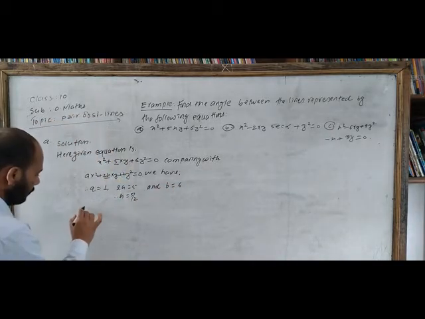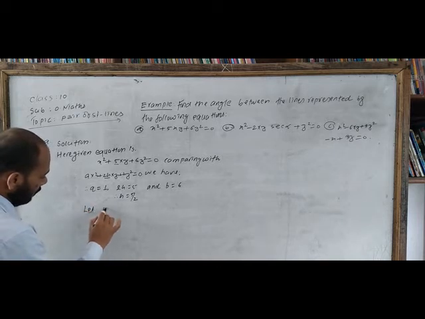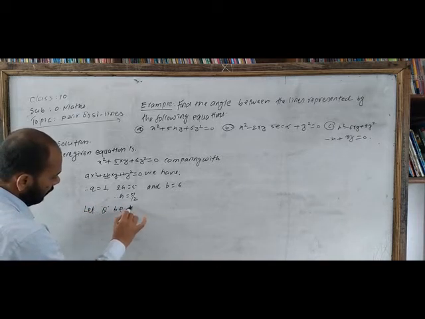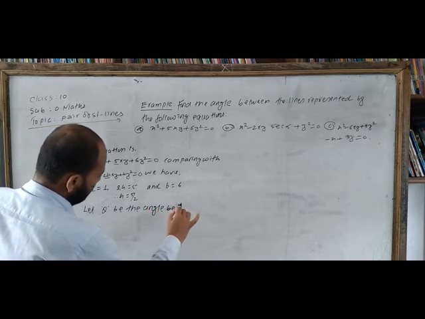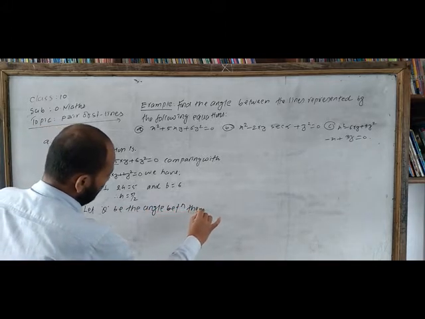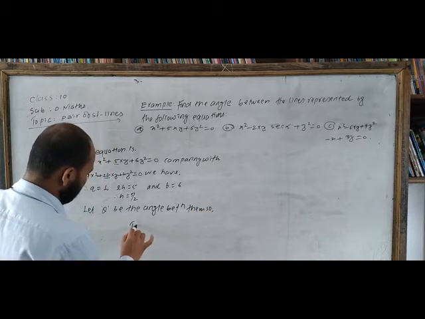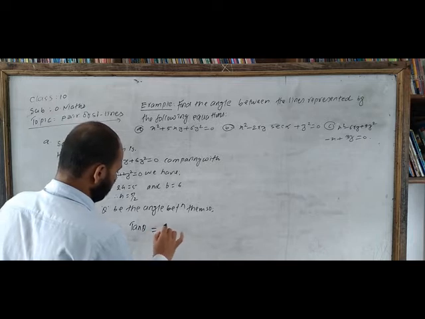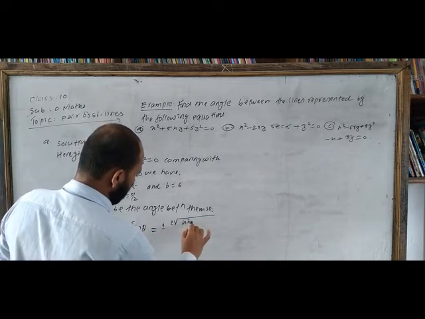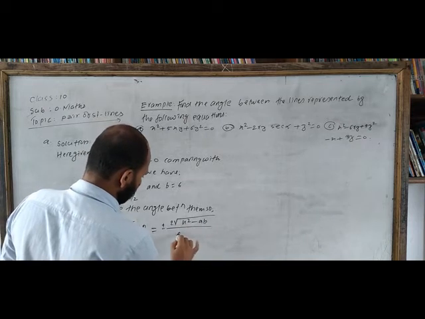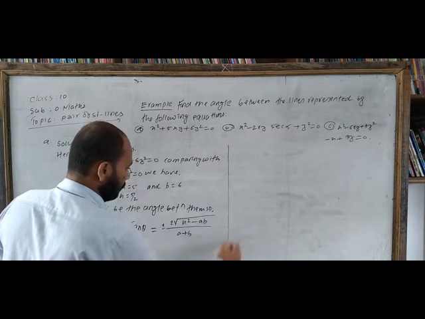Now let theta be the angle between them. So we have tan theta is equal to plus minus 2 root under h square minus ab by a plus b.